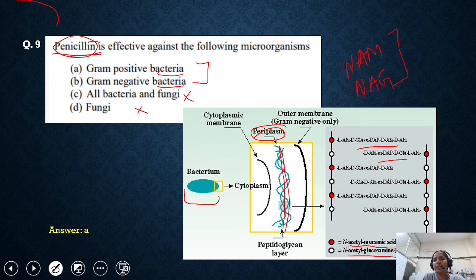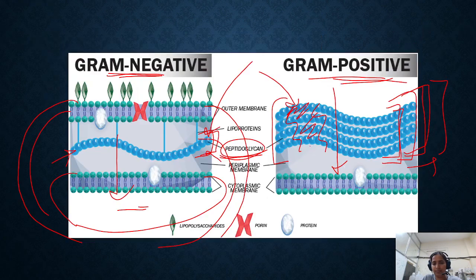What penicillin does is it won't allow the formation or the merging of these two components. When this does not occur, the peptidoglycan layer will not form, and when it does not form, gram positive bacteria will not survive. So understood how it works between gram negative and gram positive bacteria.